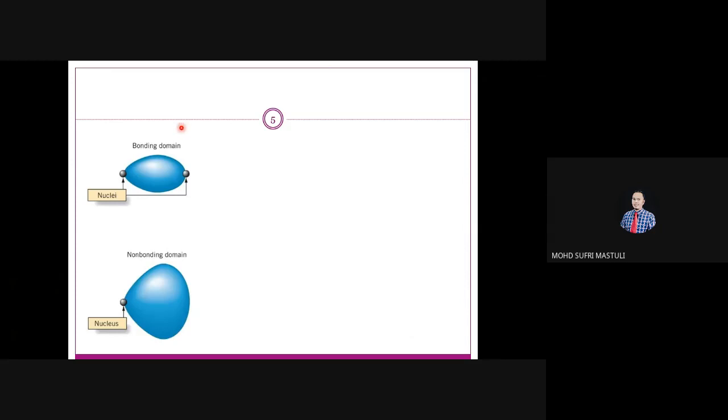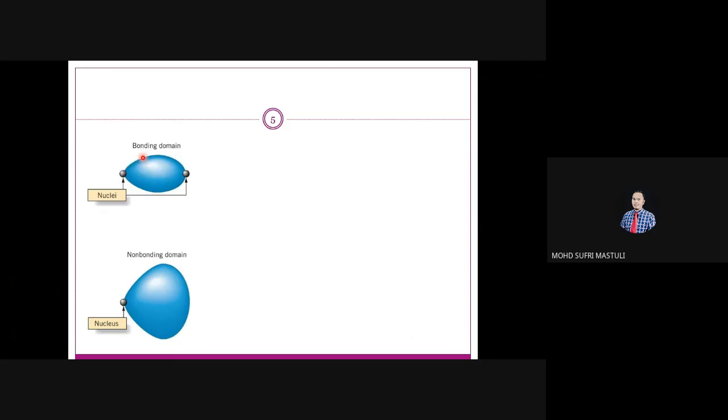So this schematic diagram shows the shape of the electron domain for the bonding pair, and also the electron domain of the lone pair. If we have a bonding pair between two atoms, the electrons are attracted to each other.